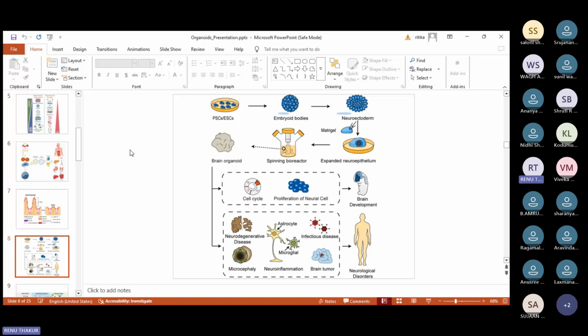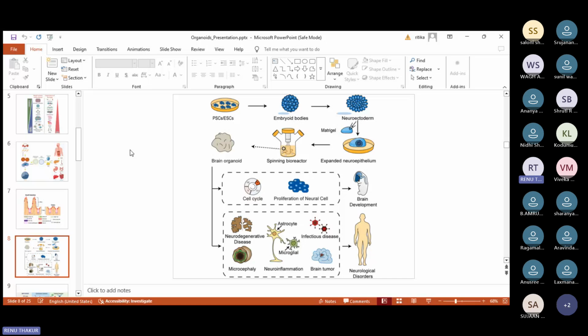If we talk about the structure and function of these cells, there are neural zones. Cerebral organoids contain distinct neural progenitor zones, such as the ventricular zone and the outer subventricular zone, which are similar to those found in the developing brain.